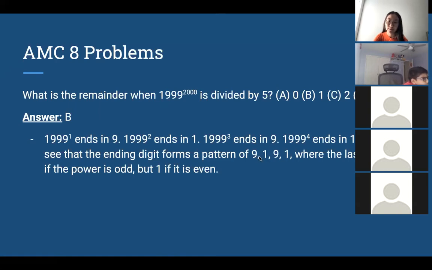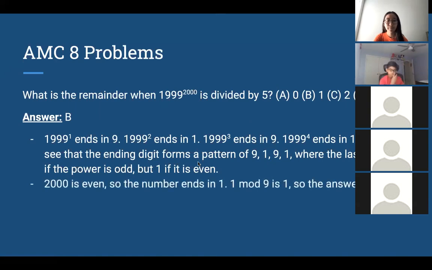So the last digit is going to be 1, because with a remainder of 0 you go to the last digit in the pattern. If the last digit is 1, when divided by 5, you're going to have a remainder of 1 as well. Imagine 61 divided by 5, you have a remainder of 1. 31 divided by 5, you have a remainder of 1. So you can see that the answer is B without doing the math.